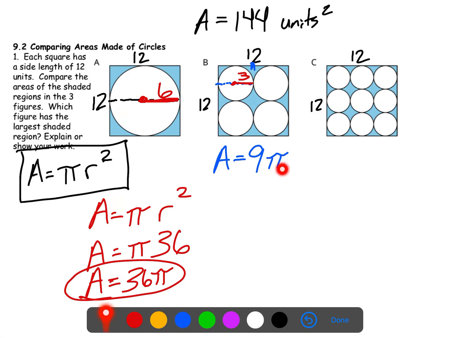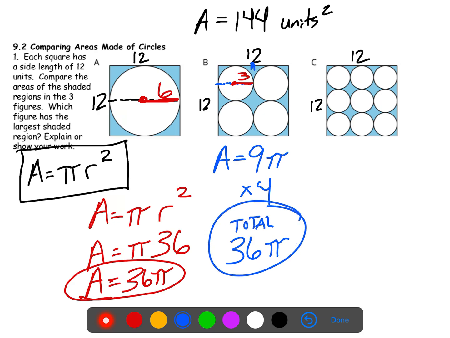Now that's the area of one circle. We have 4 identical circles, so we need 4 of these areas. If the area of one circle is 9 pi, and we're getting 4 times more, then the area of all 4 circles combined is going to be 36 pi. That would be our total circular area.